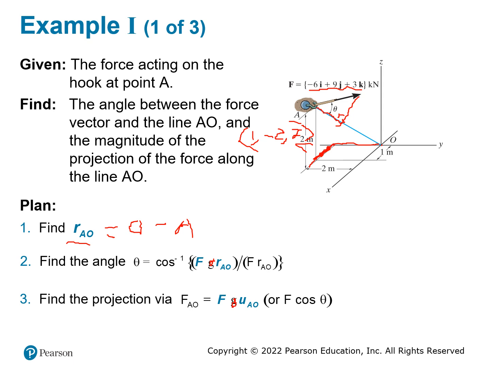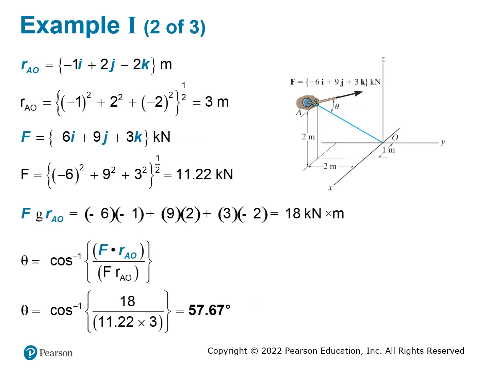So let me show you what the result looks like. You got r_AO equal to this. Remember how we find that? By using the position vector of O minus the position vector of A. O is 0, 0, 0. A is 1, negative 2, and 2. So that's what this looks like. You got the magnitude of r_AO equal to 3.